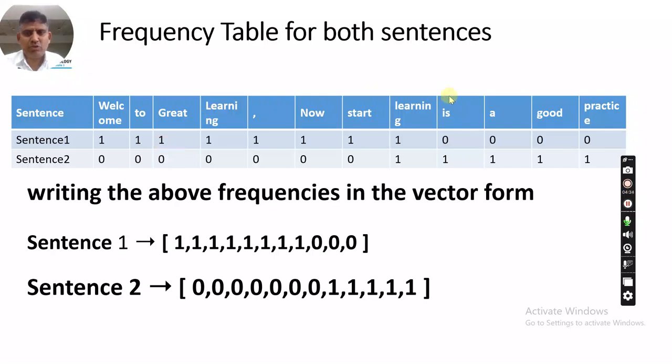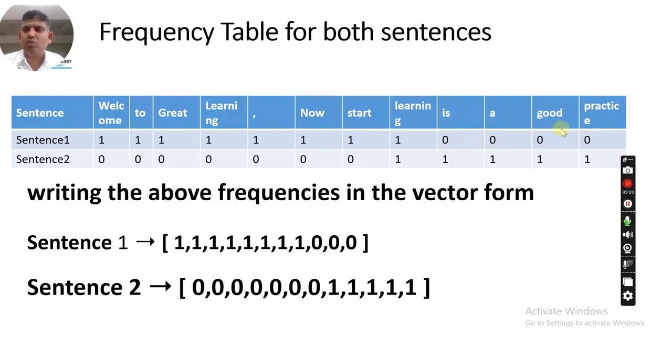Learning appears twice in sentence 1, but one Learning has a capital L and the other learning has a small l, so the capital L Learning appears once and the learning with small l appears once. These are the separate counts we have considered here, and the different terms in the vocabulary which are not present in sentence 1 are marked as 0.